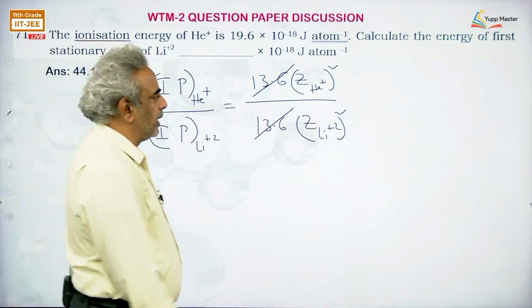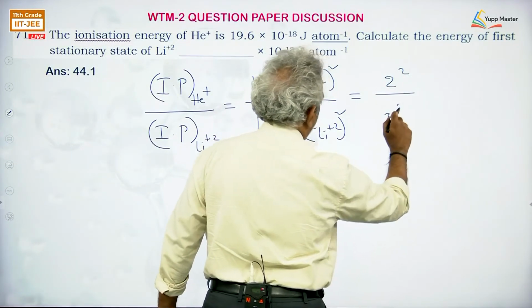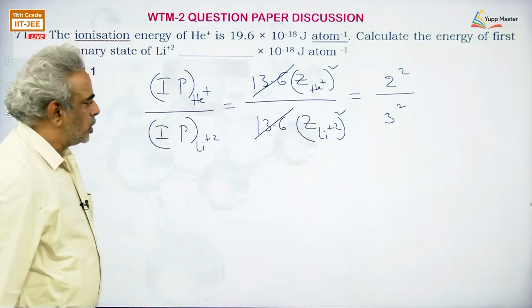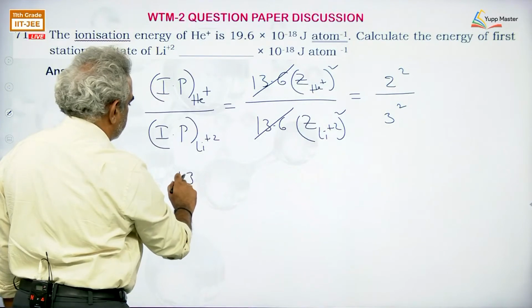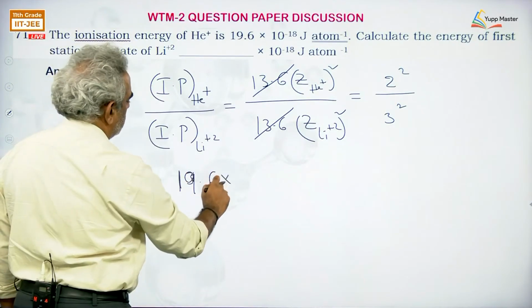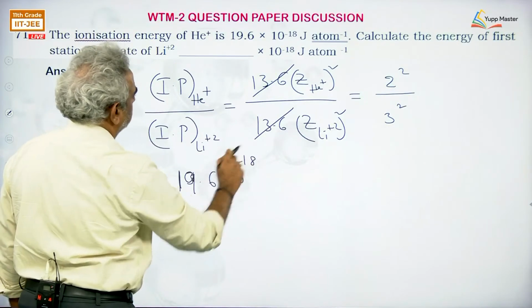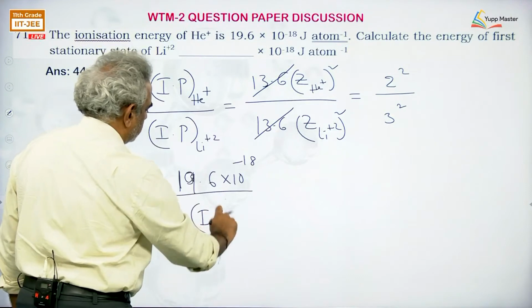Helium atomic number is 2, so I can say 2² by 3². So, the IP of helium plus is given as 19.6 × 10⁻¹⁸, and he is asking the IP of lithium 2+.